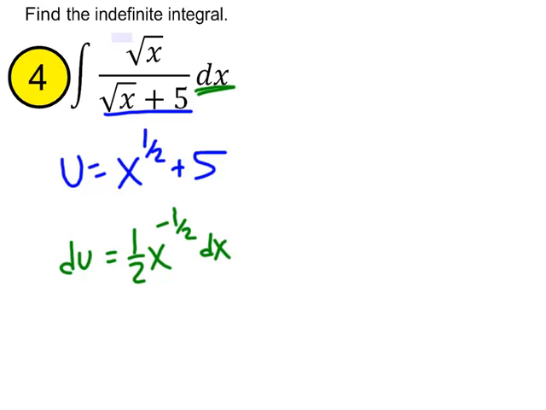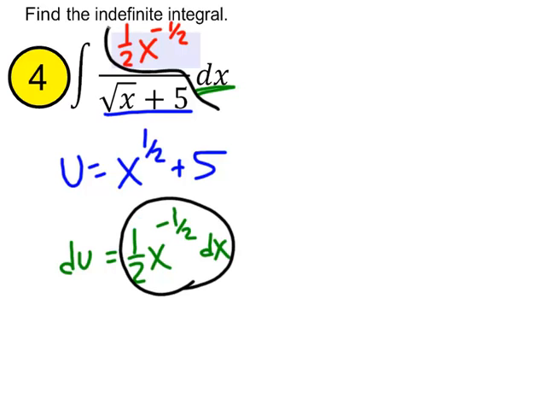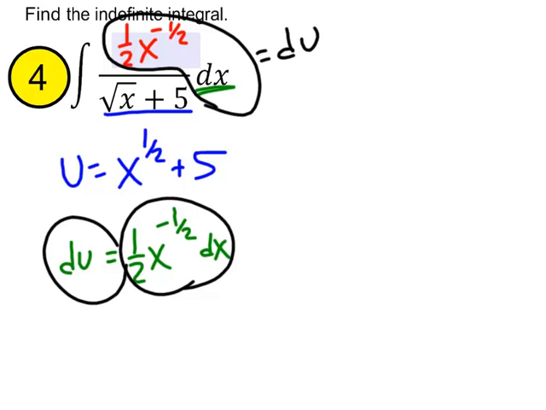And for just a moment, let's imagine that we had a 1/2 x to the negative 1/2 up there in the numerator of the original integrand. Notice that we'd be in great shape. We wouldn't bother bringing this over to the left-hand side of the equation, because instead we would just say that all of this is present here in the original integrand. And we can then replace all of this with just a du, according to this equation, right?